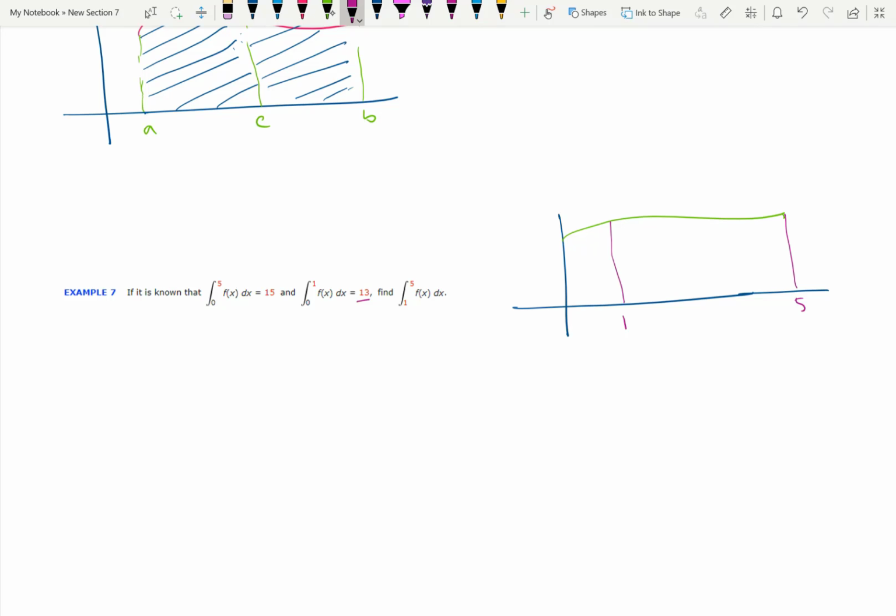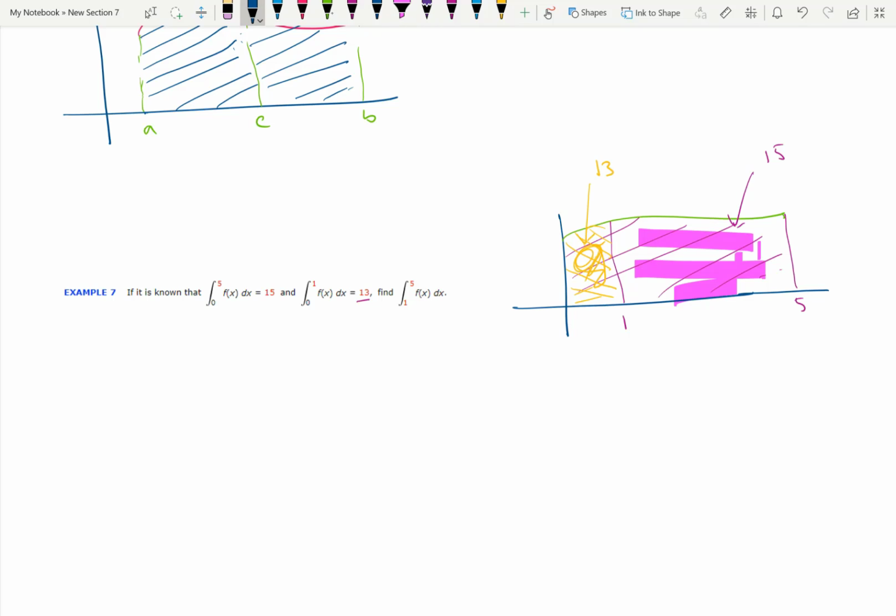So now from 0 to 5, the whole area is given as 15, and from 0 to 1, the area is given as 13. So this part area is 13. So what would be the area of this part?